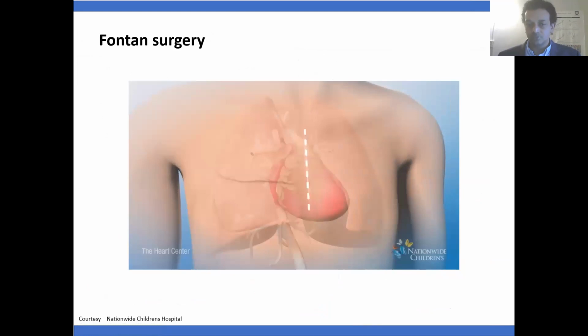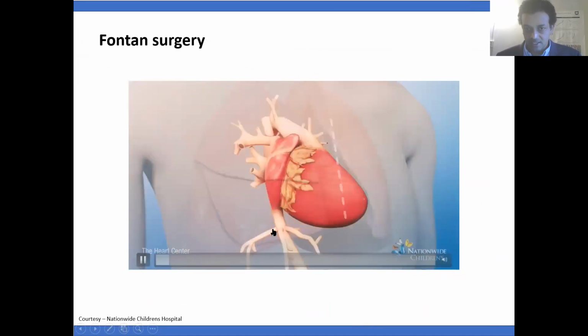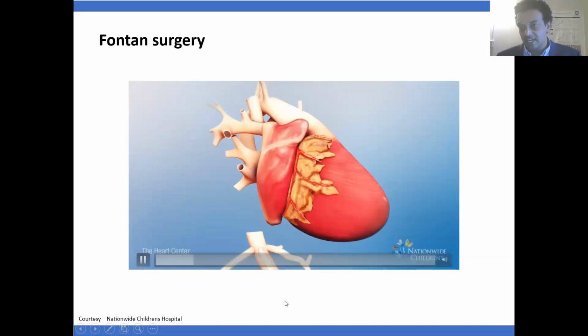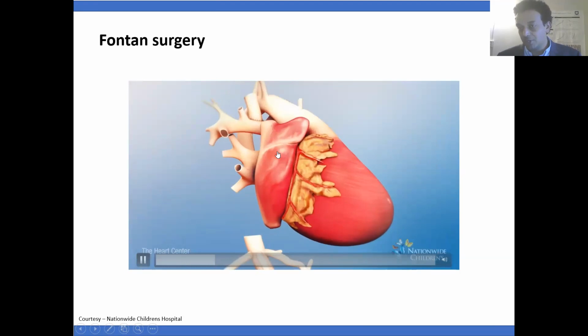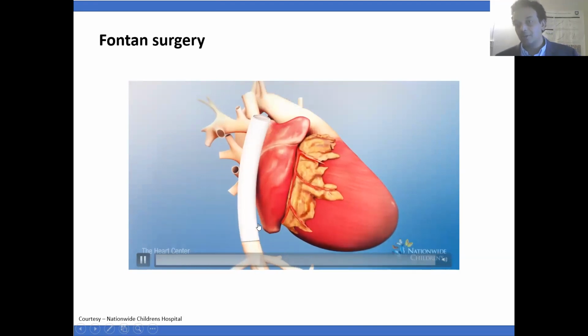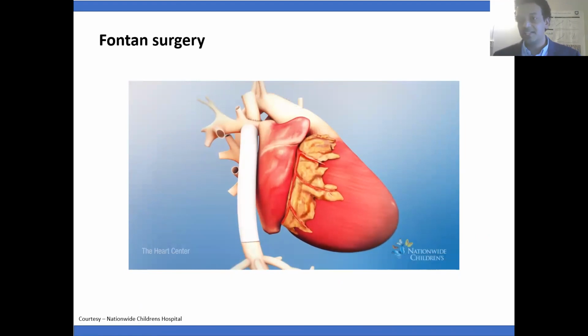Okay, so as I said, what they do is they disconnect the thoracic IVC that goes into the heart. They take this synthetic graft, which is made of Gore-Tex. I don't know how many of you are familiar with Gore-Tex, but it is what we use in making raincoats. Really, probably not the best material to put inside the body. And they connect it to the pulmonary artery here.